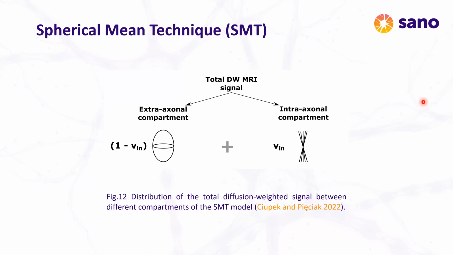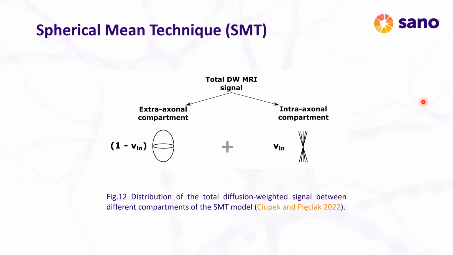And the second example of multi-compartment models is the spherical mean technique. The SMT model assumes that the total diffusion-weighted magnetic resonance imaging signal comes only from two compartments, extraaxonal or extracellular and intraaxonal or intracellular. The extraaxonal compartment is modeled as an anisotropic Gaussian diffusion and the intraaxonal as a set of sticks.